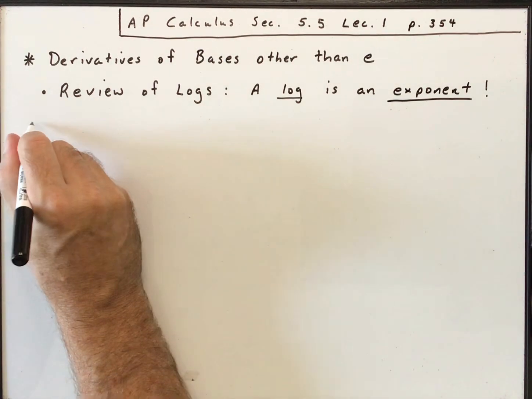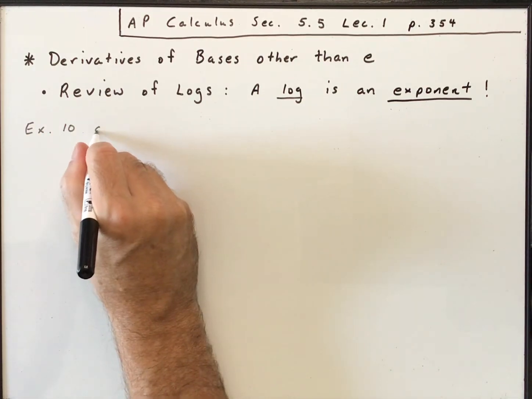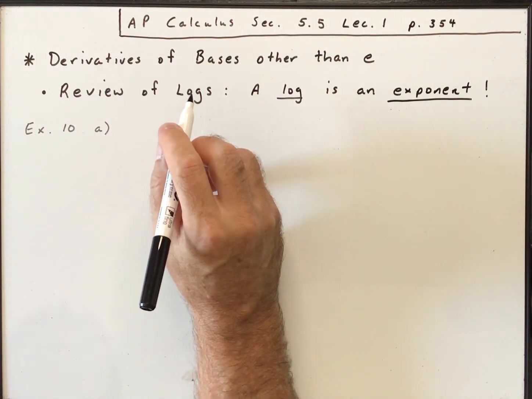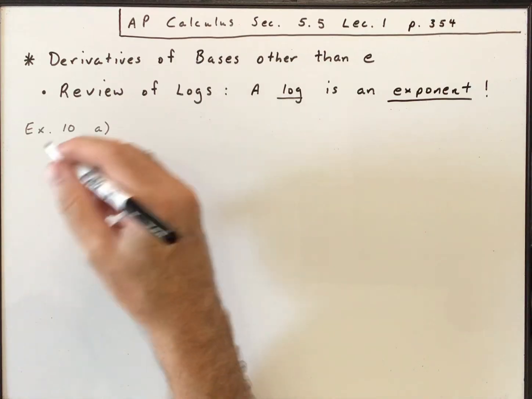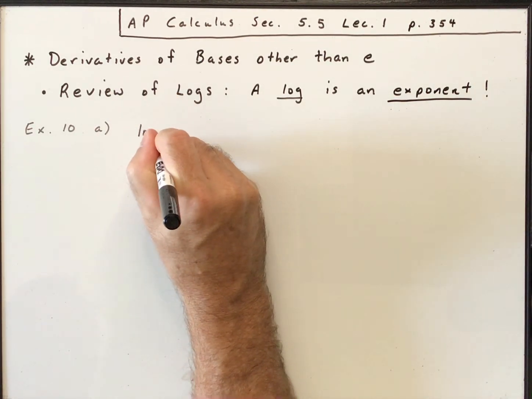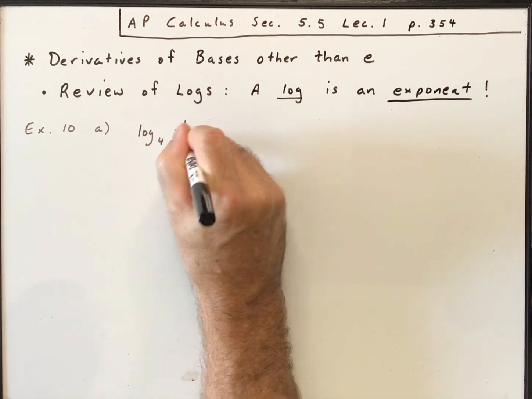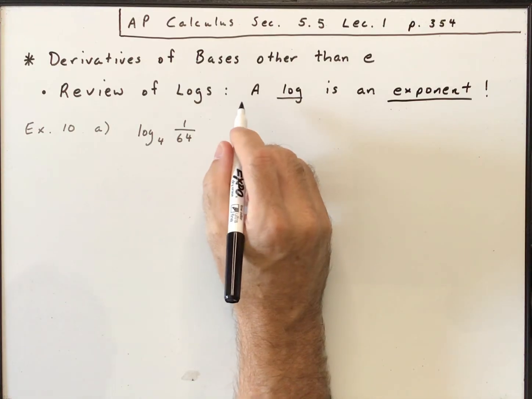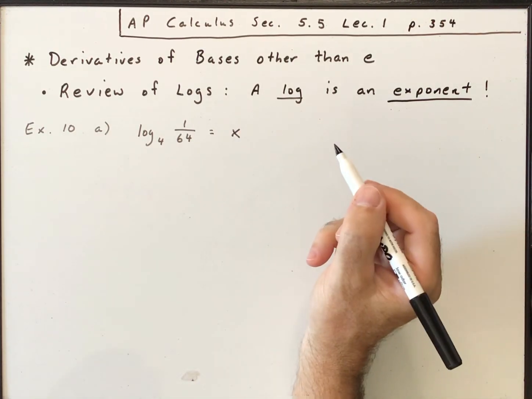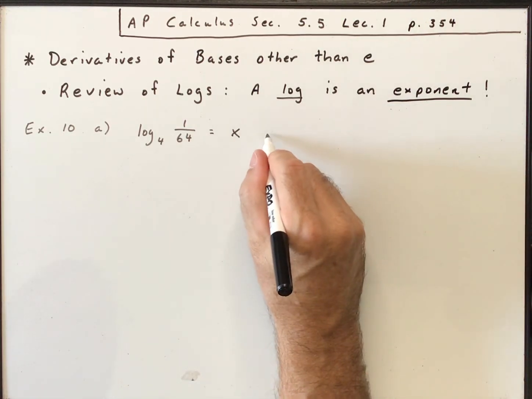Let's look at example 10. We're just going to do part A. And that one says we're going to evaluate, get the answer for x. It says we have log base 4 of 1 over 64 is equal to x. All right, we want to rewrite this as an exponential expression.